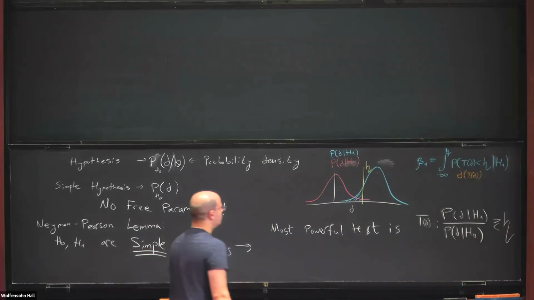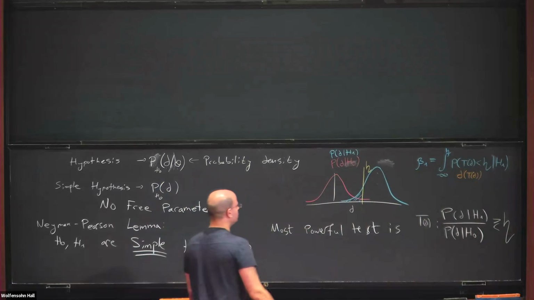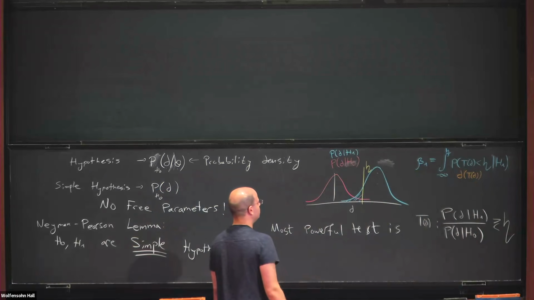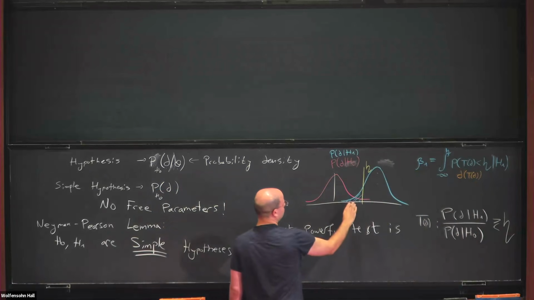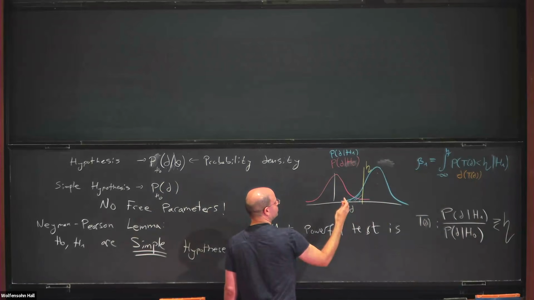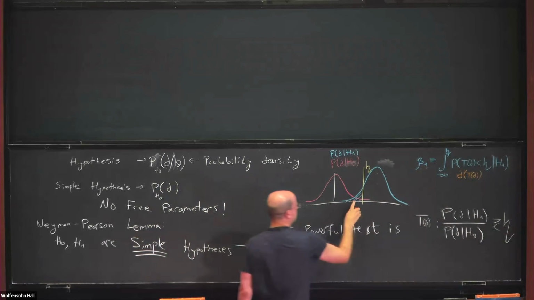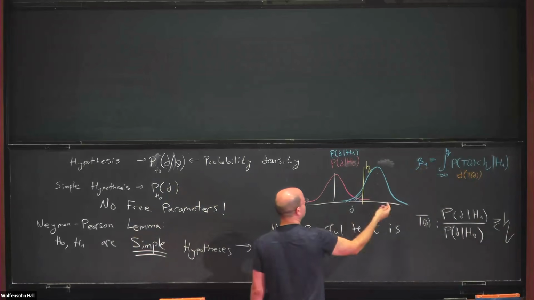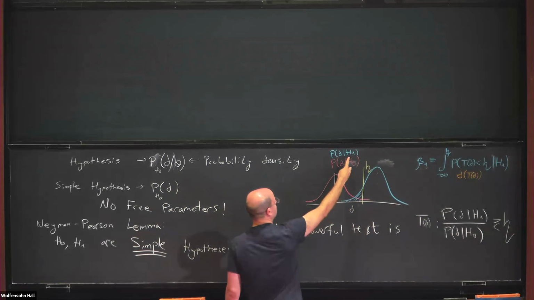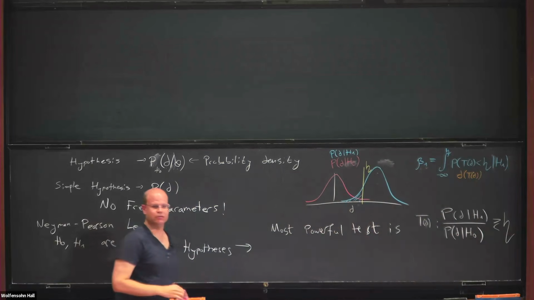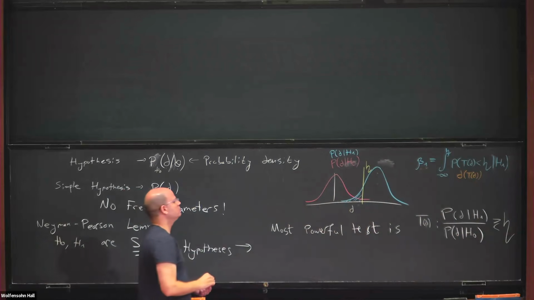So this is the probability to say by mistake, okay? So by mistake 1, to say by mistake that the data came from H1. Sorry, what am I doing?